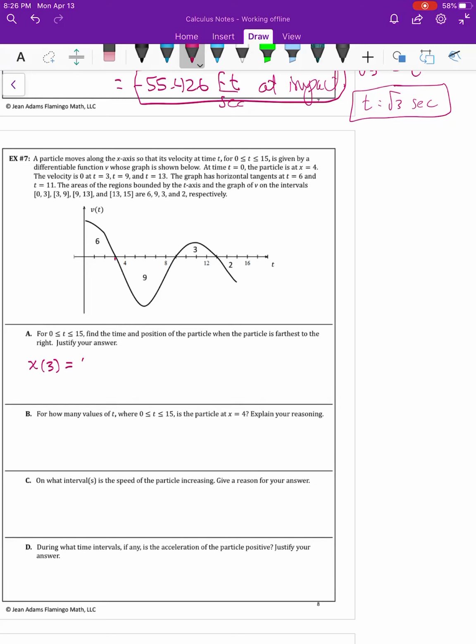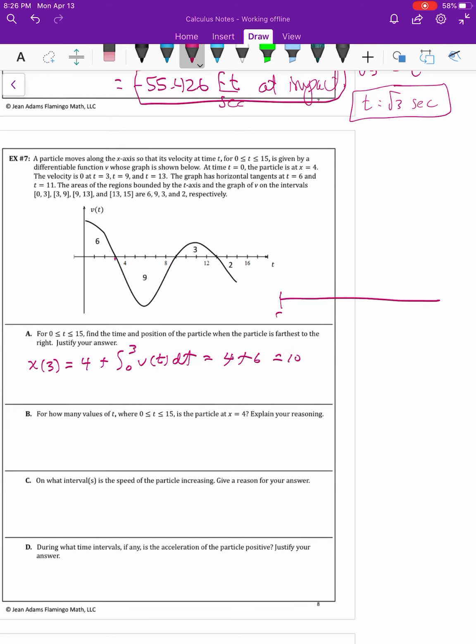So if I wanted to know what it was after this initial positive 6 here, I would say that the position at 3 is going to be 4 plus the integral from 0 to 3 of v of t dt. And so this is going to be 4 plus 6. That's going to be 10.